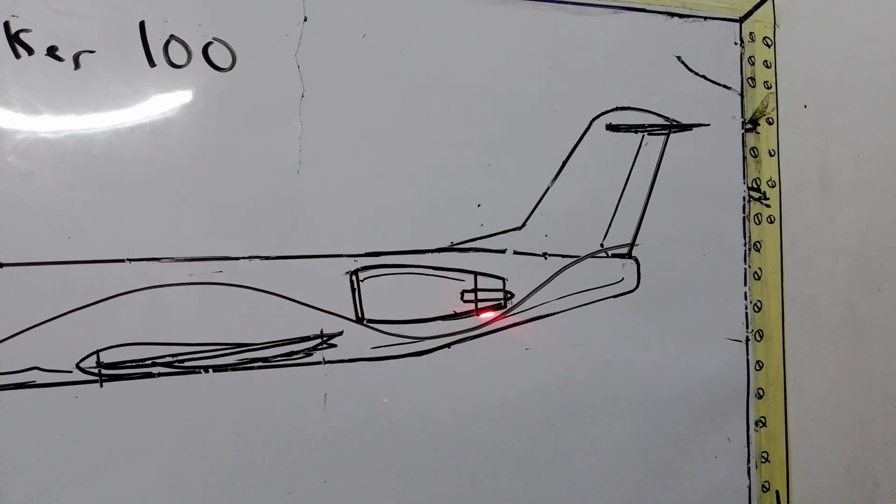You see this engine is tilted because we don't want that wake being ingested. And also it's slightly tilted so that we have, let me say, nose down. This aircraft has a high nose up. So you want nose down so that we can increase longitudinal stability on this end.